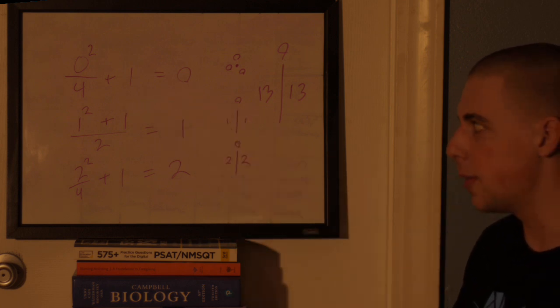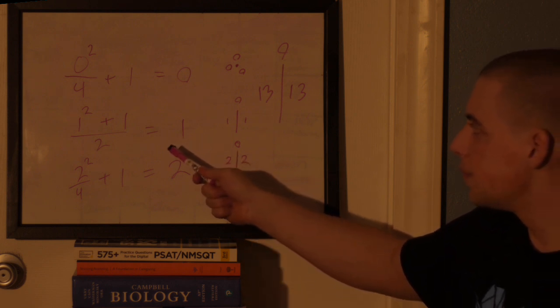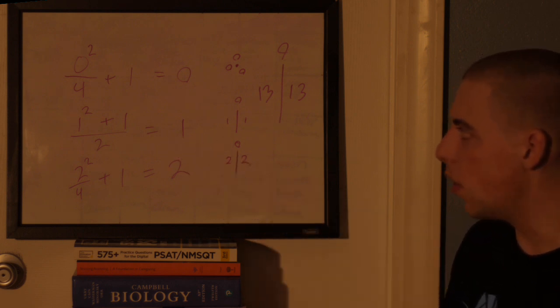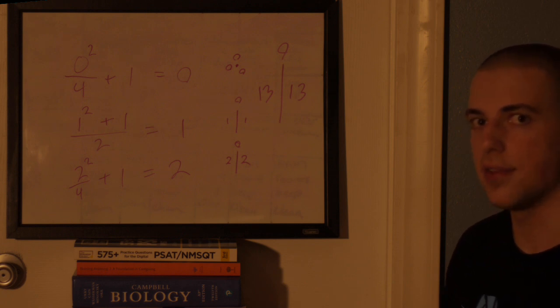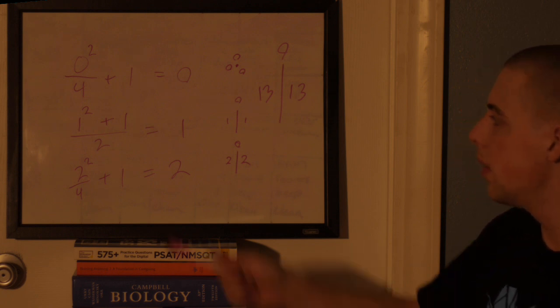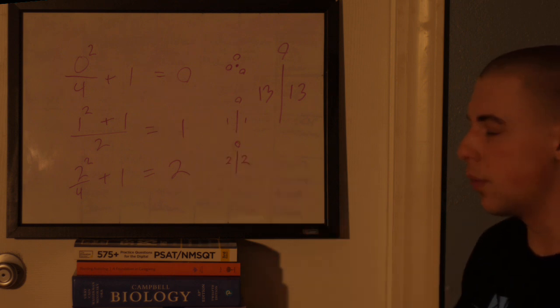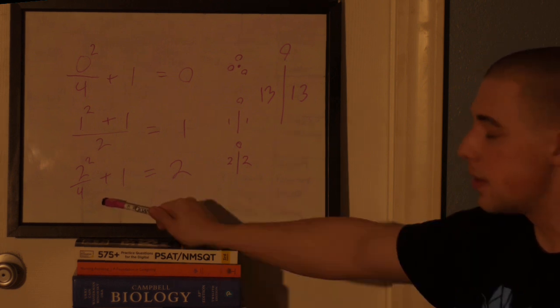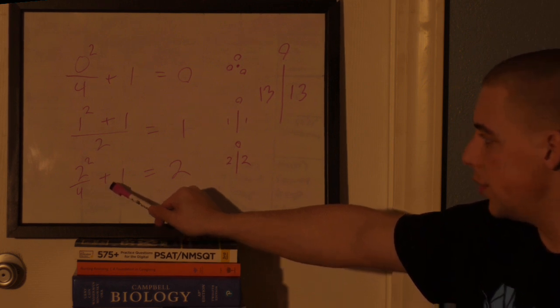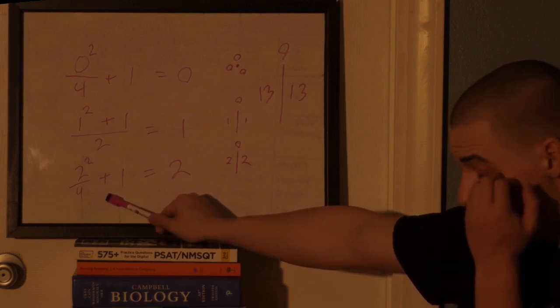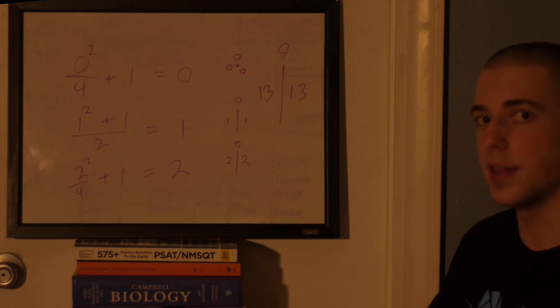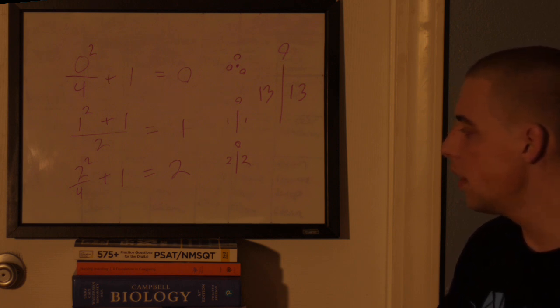No other number has that property. 1 is the only number that when you square it and add 1 is equal to 2, and thus when you divide by 2 is equal to 1. No other number when you square it, add 1, and divide by 2 is going to equal itself. 2 is the only number that equals 4 when it's squared. It's the only number that equals 1 when you square it and then divide it by 4. So these 3 are the only numbers that don't work.